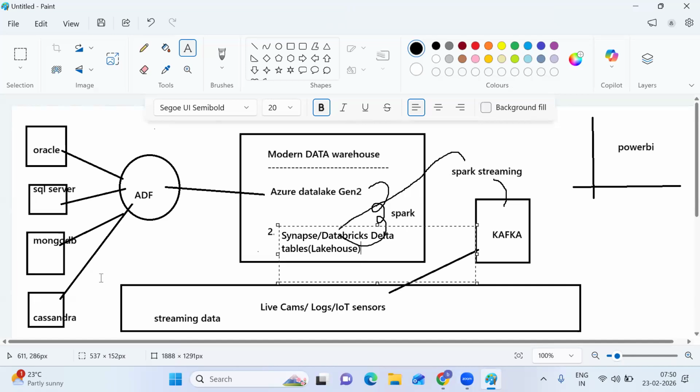So this is what we do. Using ADF, we connect with these sources and dump the data into Data Lake Gen 2. Later with PySpark, that means Databricks notebooks, here also I will use Databricks. Using Databricks Spark, we process the data and finally load the results into this Lakehouse or Synapse, whatever. Additionally, we also have streaming data. For streaming data here, we don't use Kafka.